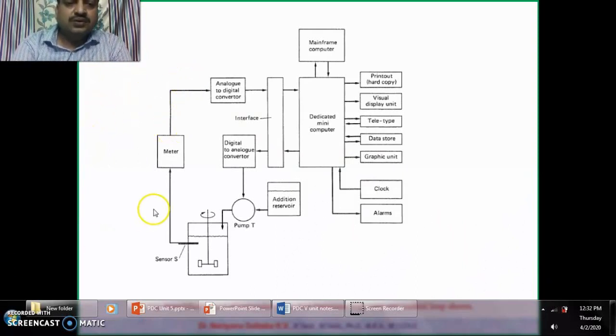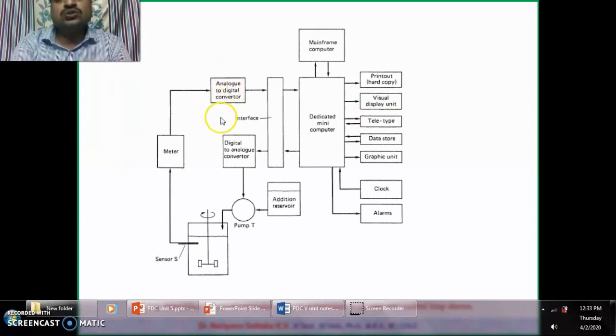We are measuring using this pH sensor, which gives values in the form of electrical signals. These are called analog signals. This electrical signal cannot be understood by the computer, because a computer can only know digital language. It cannot understand voltage or current.